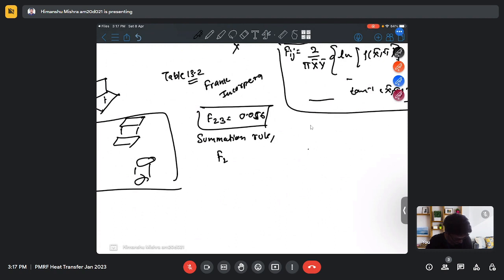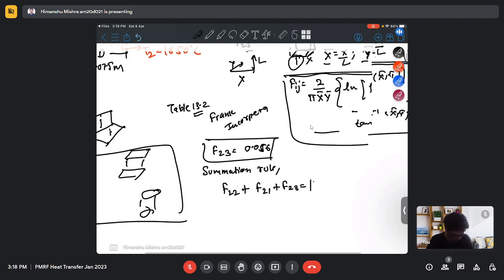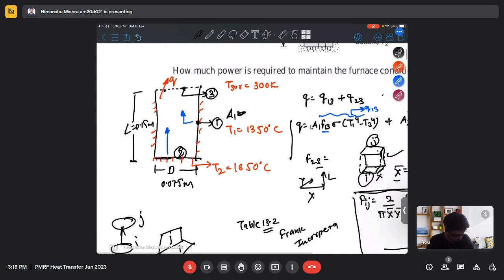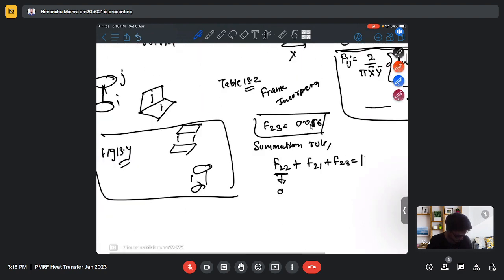which says that the sum of the shape factors equals 1. So this shape factor F22 will be 0, because whatever radiation is emitted from surface 2 will never be received by the same surface. That means F22 will be 0 here.